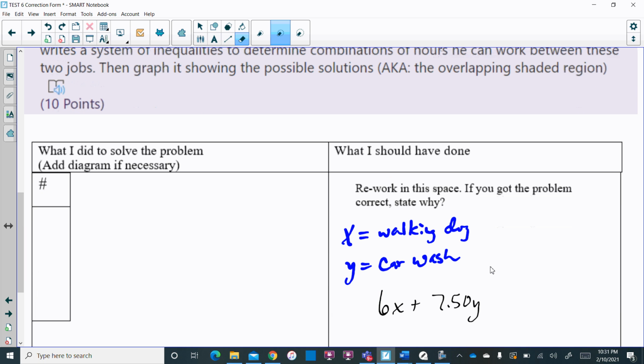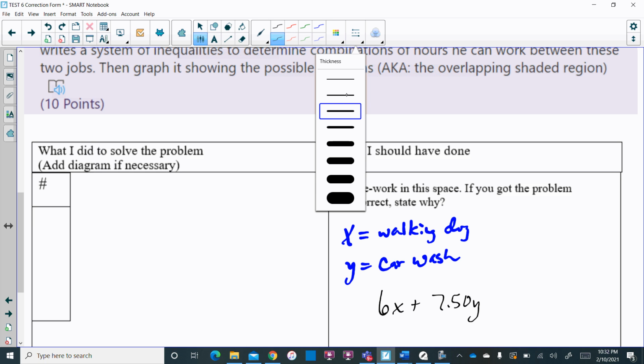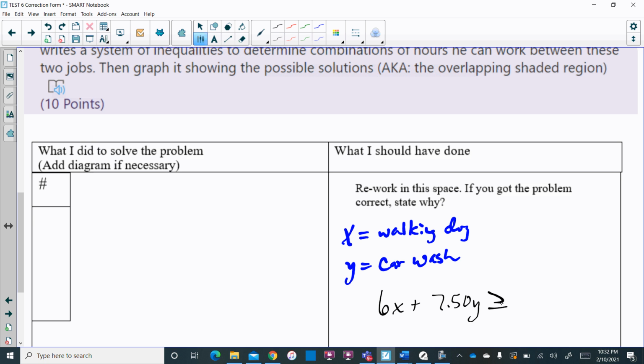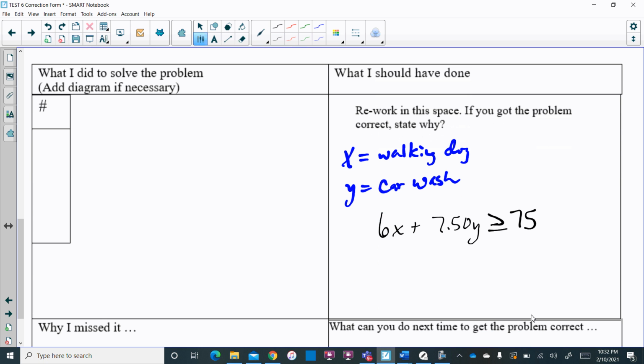He can earn more than that, but he needs to earn at least $75. So that means it's greater than, oh, I forgot my pen. That means we're looking at something greater than or equal to 75, because we're talking about money on the first one.